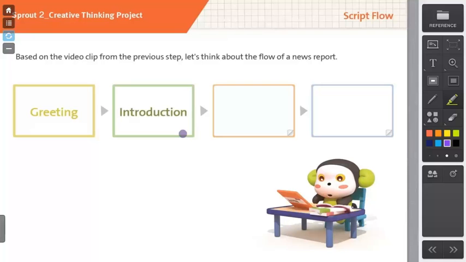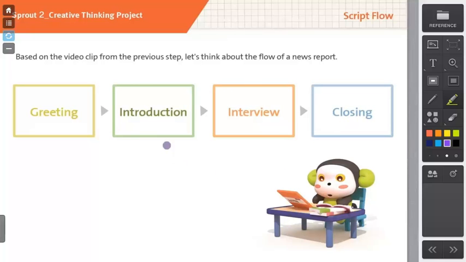And all the students have no idea what this is. Well, then go ahead and explain to them briefly, saying something like, okay, in an introduction, we tell people what we will talk about. So I would say, today we will talk about blah, blah, blah, just to give students an idea. Then you would continue on with the rest of the script flow.